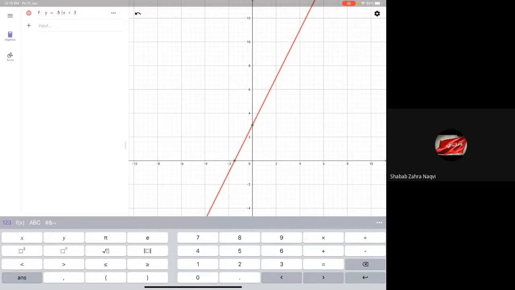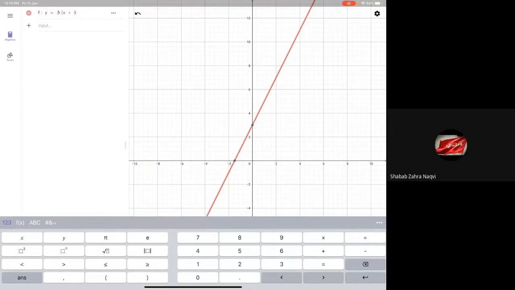The slope will become less, so will it be more inclined or less inclined? It will be less inclined now. Less slope is less inclination. More slope, more inclination.